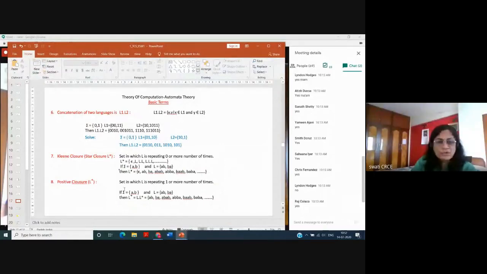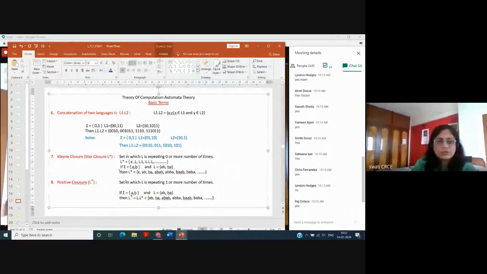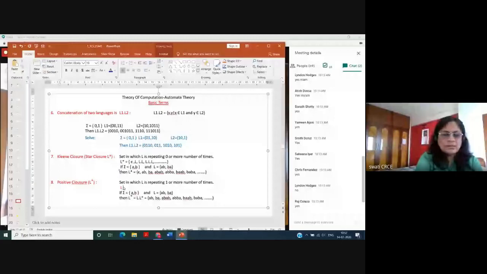So we can have the equation of L plus as L plus is equal to L into L star. L into means L dot L star. So this is the equation of L plus.